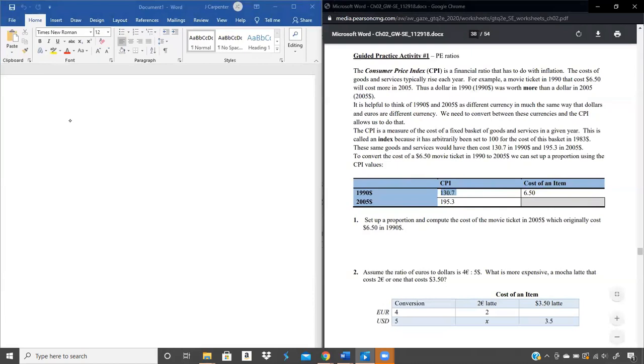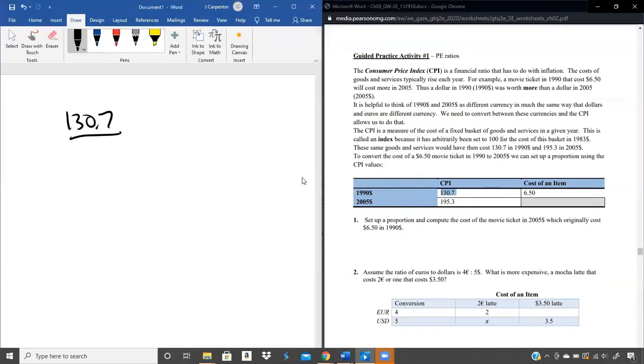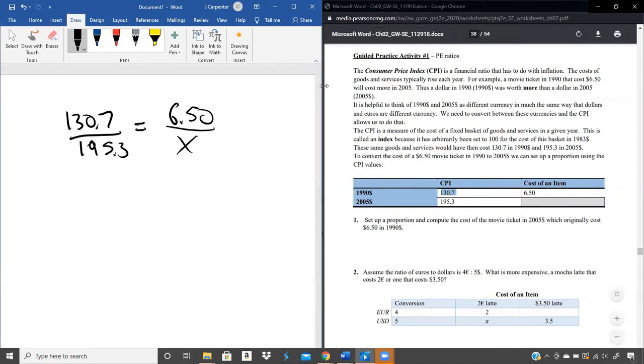So we're going to go with 130.7 over 195.3 is equal to 6.50 over x.